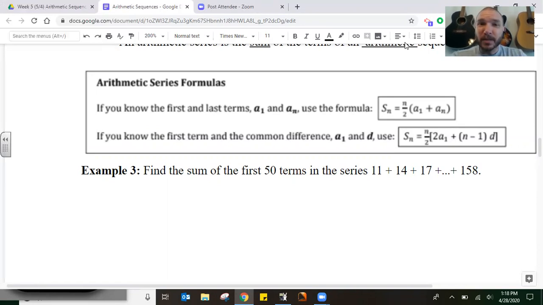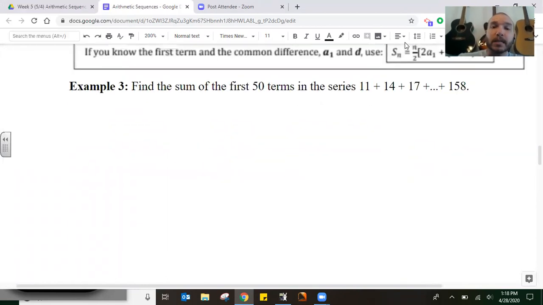The explicit formula in its simplified form for arithmetic sequences is not always as easy to find d, so it would be tricky to identify d for this one. However, that sigma notation gave us the explicit form, which means we could find A sub 1 and A sub 42. That's what we're going to do.